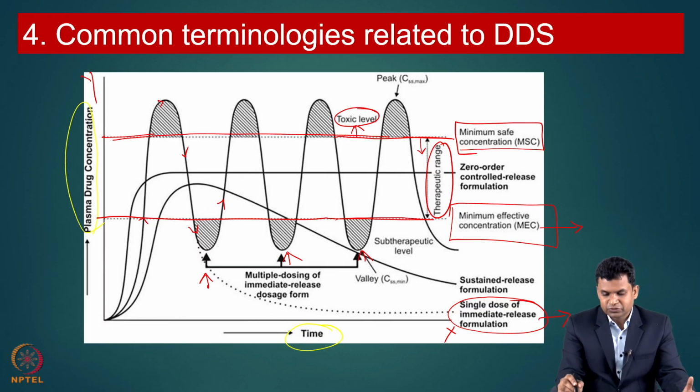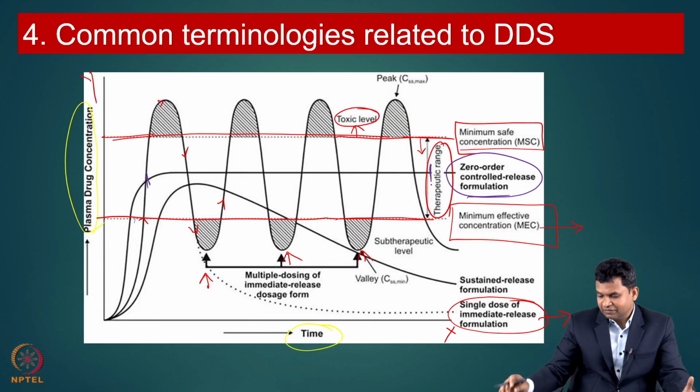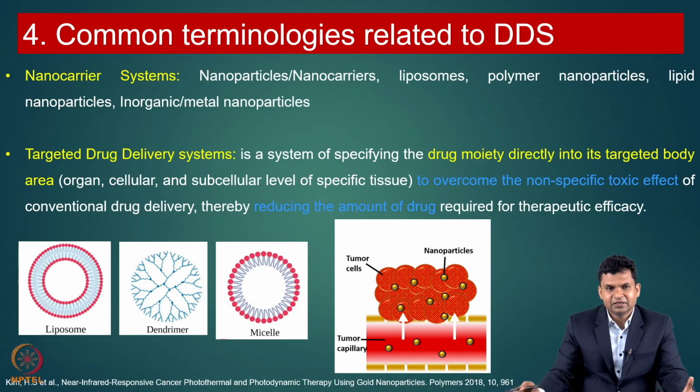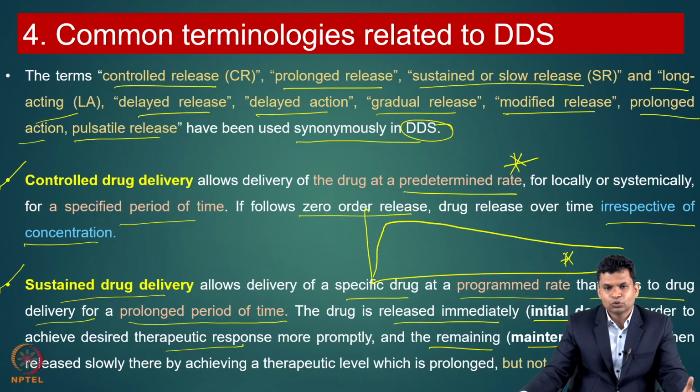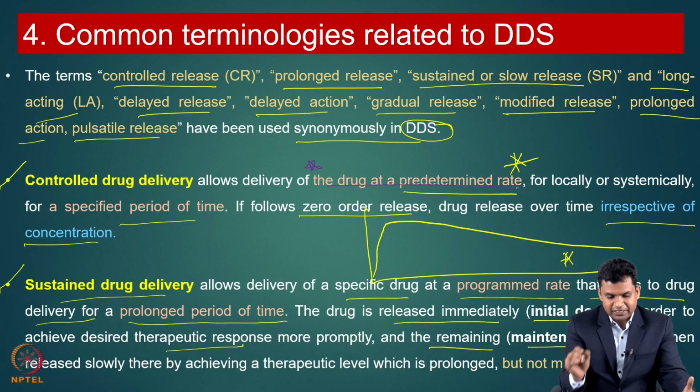Today we are going to see two things. First, as we discussed, zero order controlled release formulations. Now you can see the drug is released, and as we discussed in the definition in the previous slide, it shows a predetermined rate for a specific period of time.